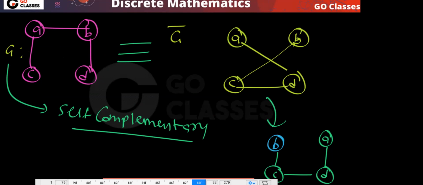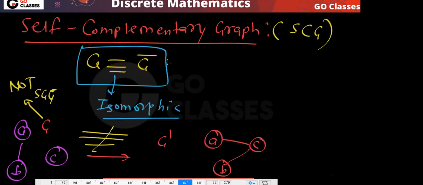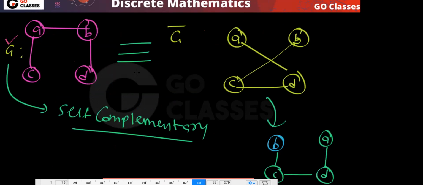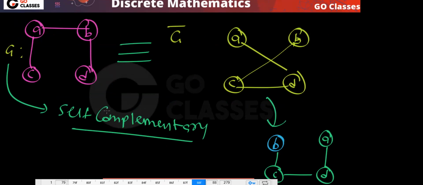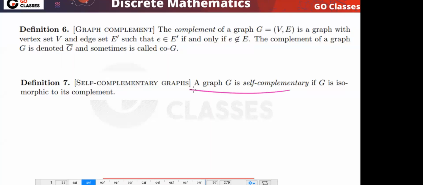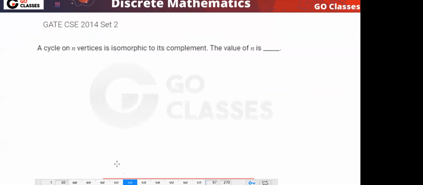Remember, this is the definition of self-complementary. Please see the definition. If you understand the definition, automatically you have cracked the GATE exam. G and G bar must be isomorphic. For example, this is G bar, and you can notice they are isomorphic. So this graph G is self-complementary. Any graph is self-complementary if G is isomorphic to its complement.